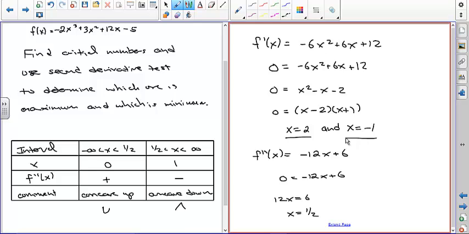So it says find the relative extrema for the function x plus 4 over x using the second derivative test. So it's exactly what we just did, except that it's not a polynomial.